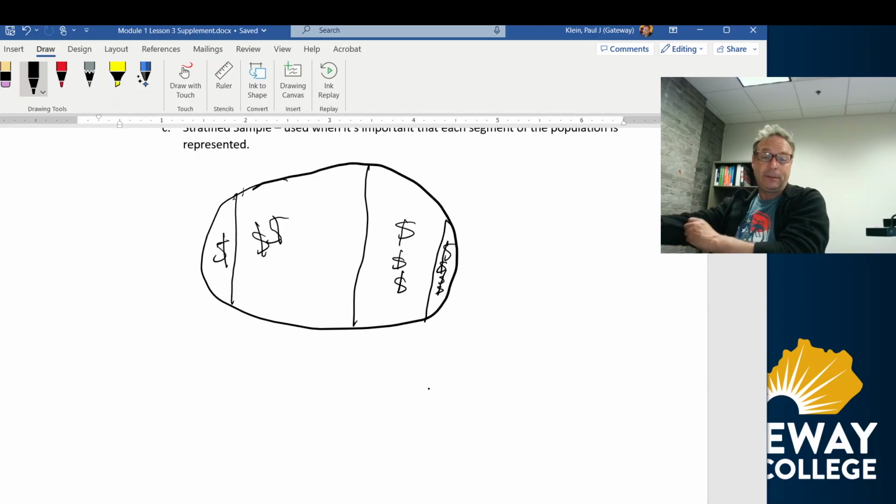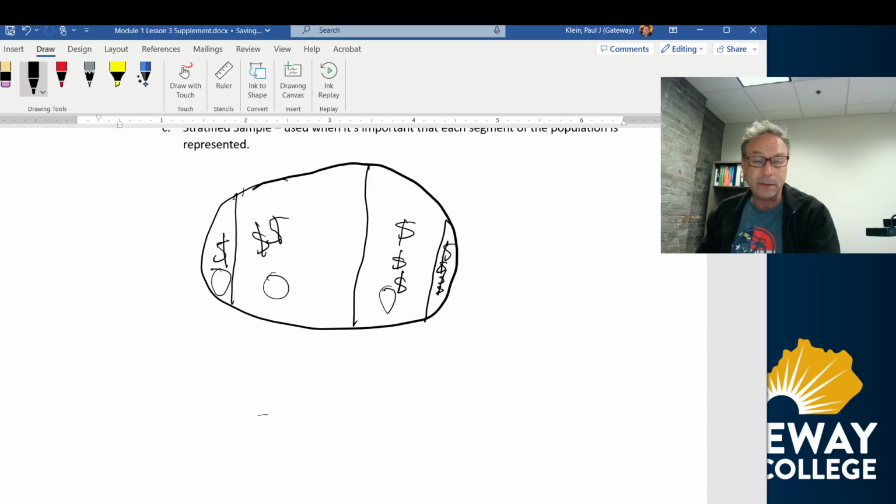Okay, so what do you do to get your stratified sample? These divisions are called strata, like little segments, right? And you're going to take a random sample from this one, a random sample from this one, and this one, and you're going to put them all into one group, and that's going to be your stratified sample, right?